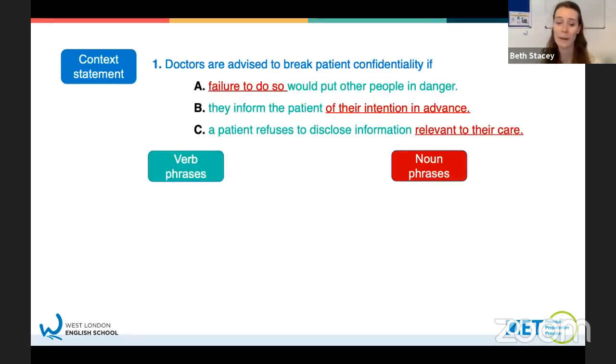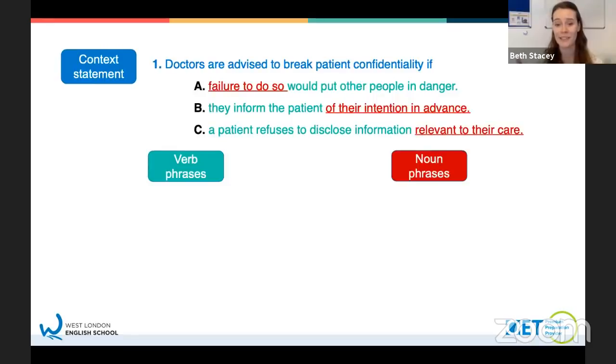B, it's not just about informing the patient, it's informing them of their intention in advance. So what you might get in the text is that you have to inform the patient of your intention, but it might not be in advance. And then finally, it's disclosing information relevant to their care.